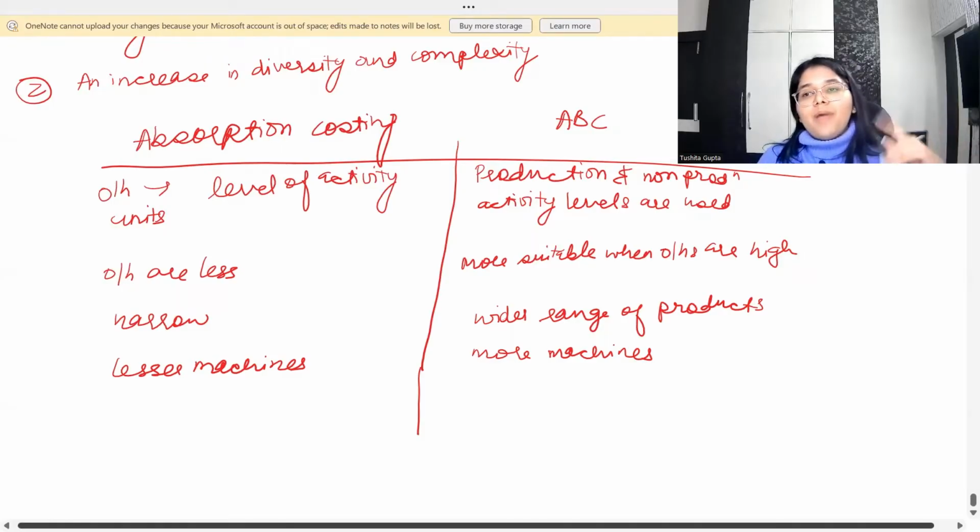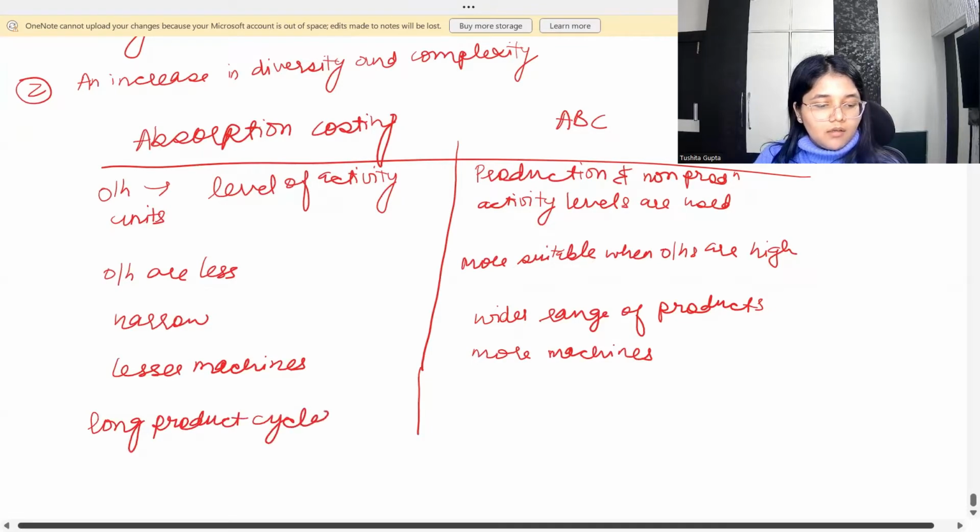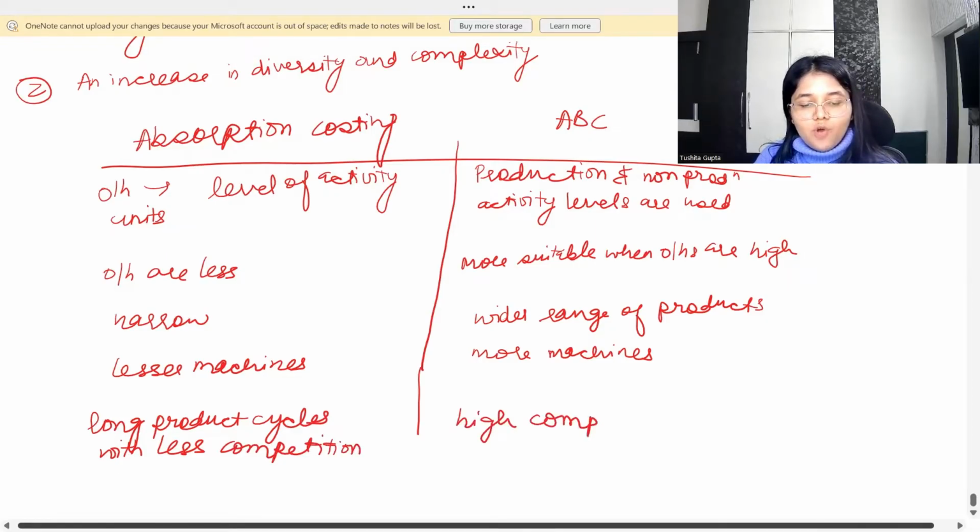Back in the day, there used to be less competition because the manufacturers themselves were limited. But in today's time, there is high competition and the product life cycle is getting smaller, because the trends are ever changing. In such a situation, again, ABC will be more useful.